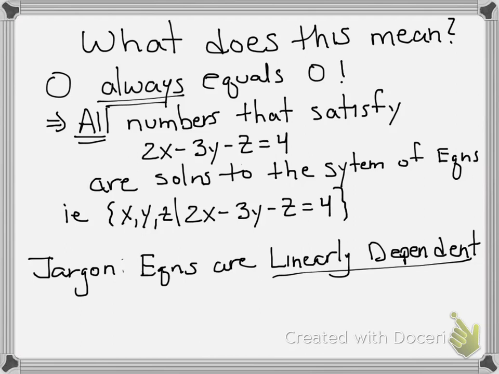Linearly dependent basically means that 2 equations look exactly the same if you multiply them by a single number. In this case we multiplied our equation by 3 and saw that those 2 equations were exactly the same, so they are linearly dependent. What we really want is linearly independent equations. That's when you'll find a single solution, or at least a couple of solutions, to these equations.